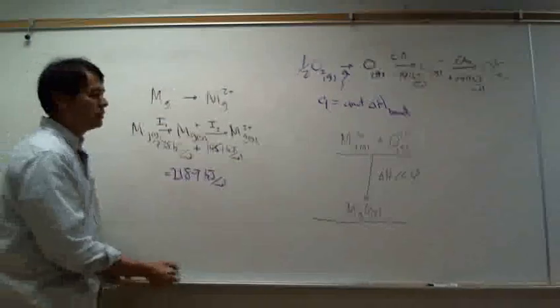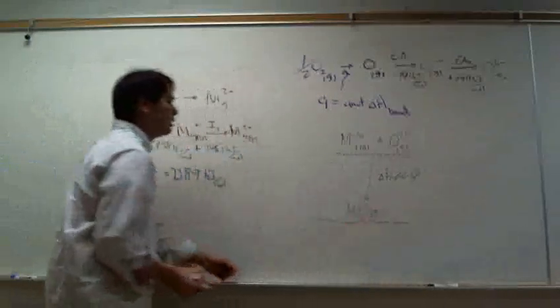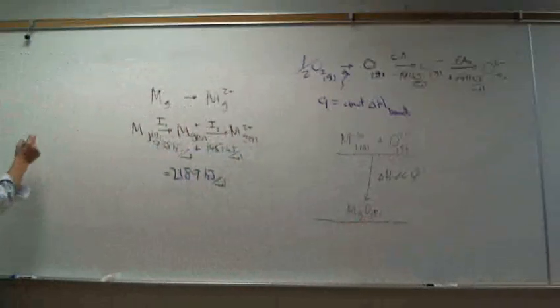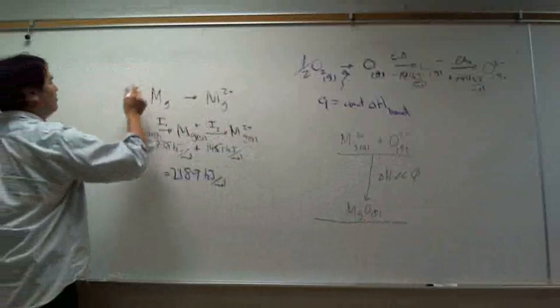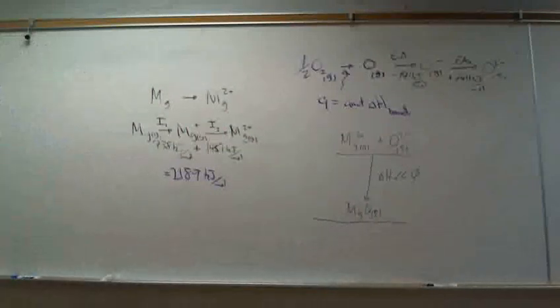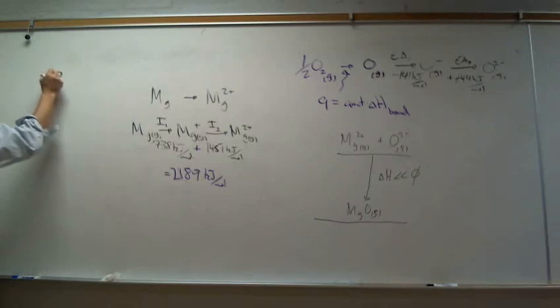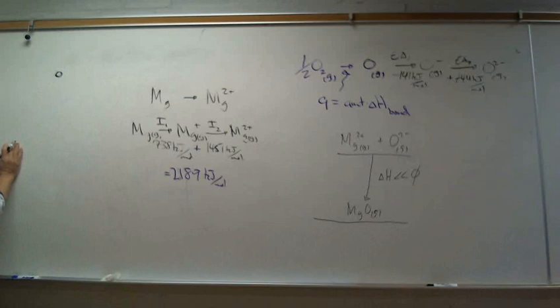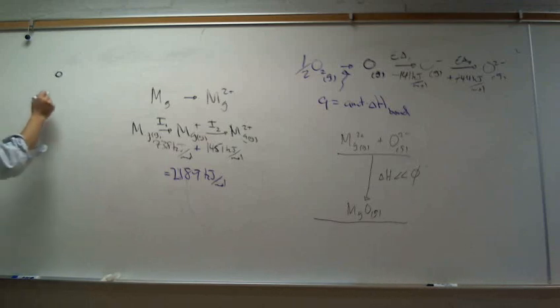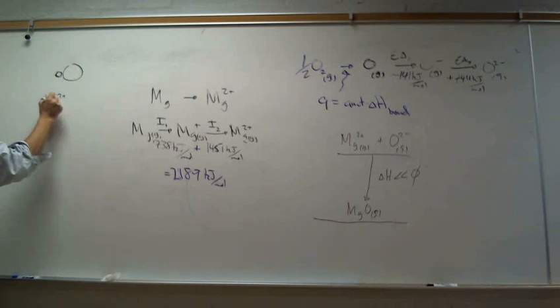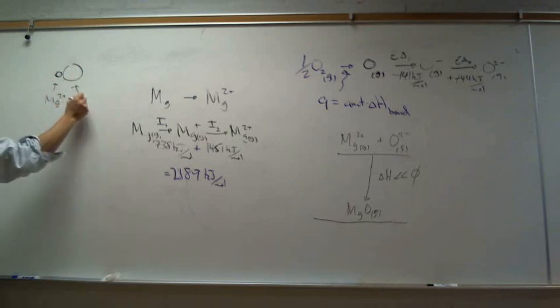An ionic compound is going to consist of the ions, but we're going to have magnesium ions and oxide ions. What do you think is bigger, an oxide ion or a magnesium ion? Oxide. And so magnesium 2+ is probably small like this, and then we'll have an oxide like that.